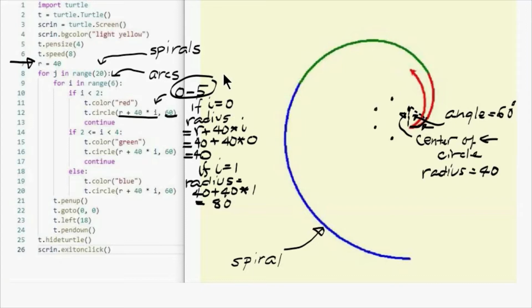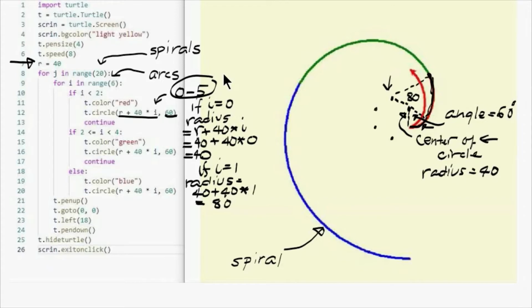This is the center of the second circle whose radius is 80. And then we're going to generate this arc here, which is the arc corresponding to 60 degrees.